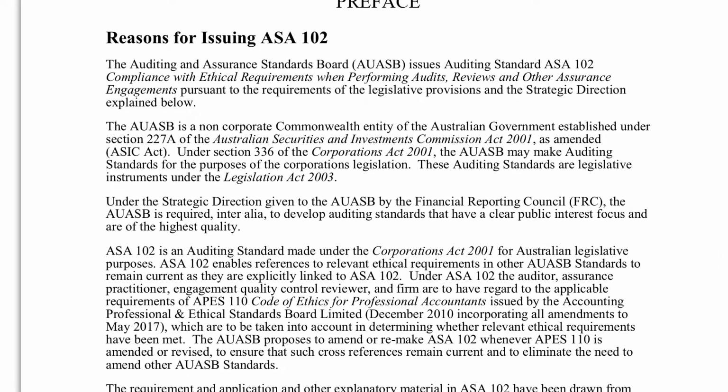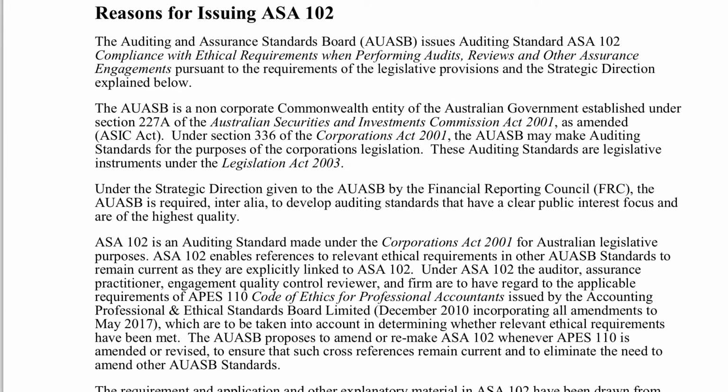So if we go past the normal introduction, if we go into our third page or fourth page, you'll see that the reason for issuing ASA 102 is because we want to make sure that under ASIC we're following the ethical standards.